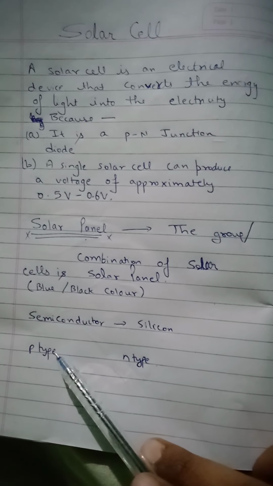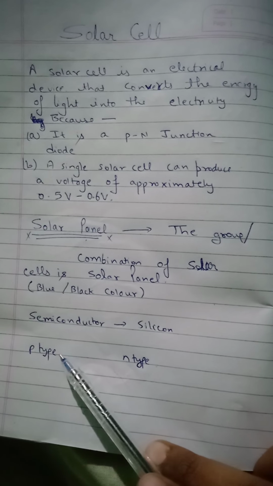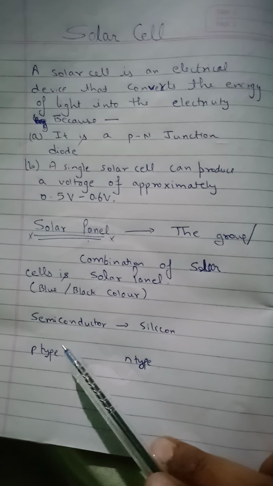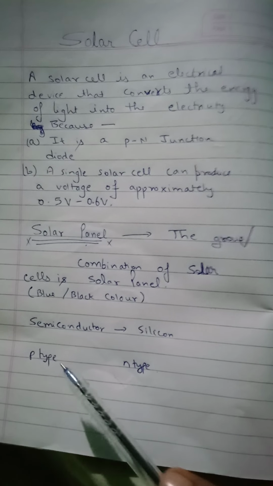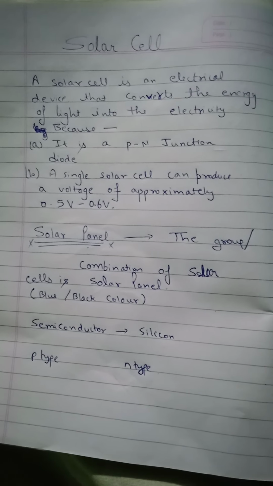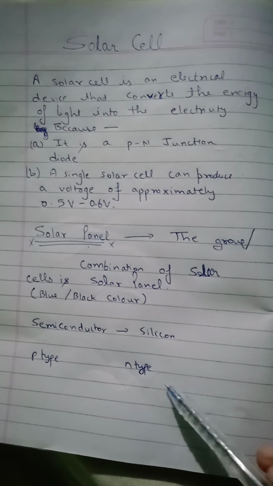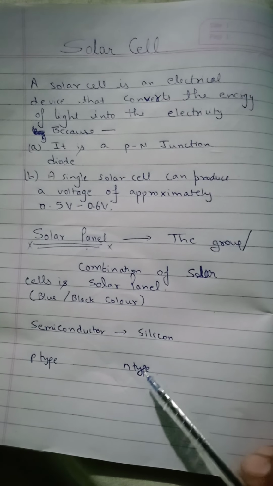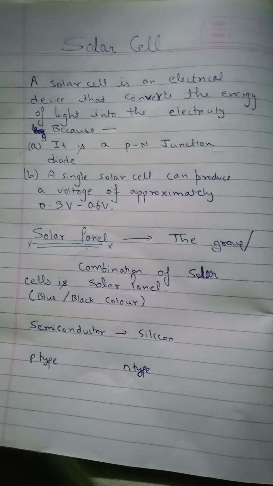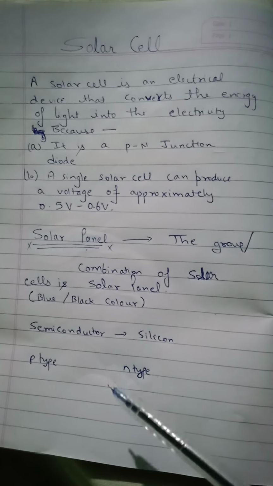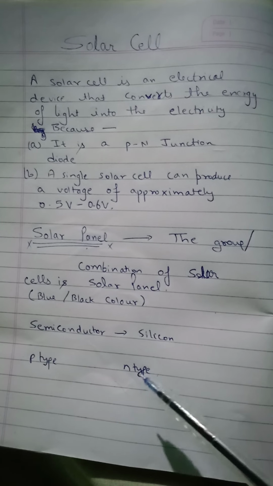P type semiconductor means it has positive charge. Positive charge means it has holes, which means a deficiency of electrons, while n type means excess of electrons. So we use P and N type semiconductors.